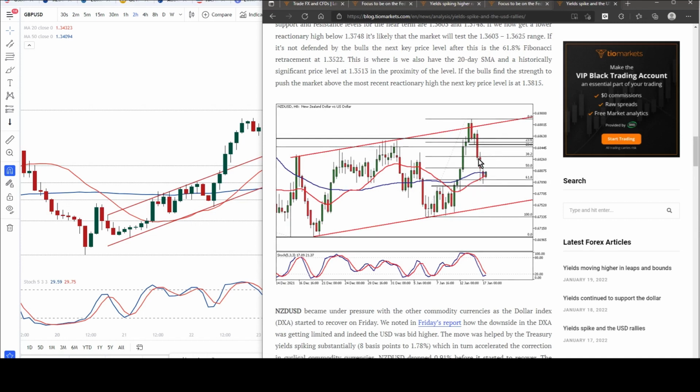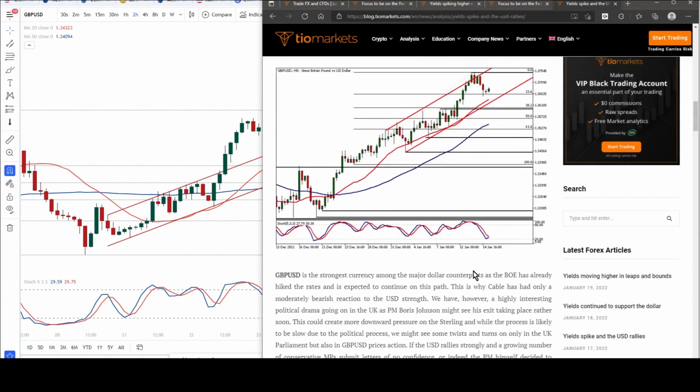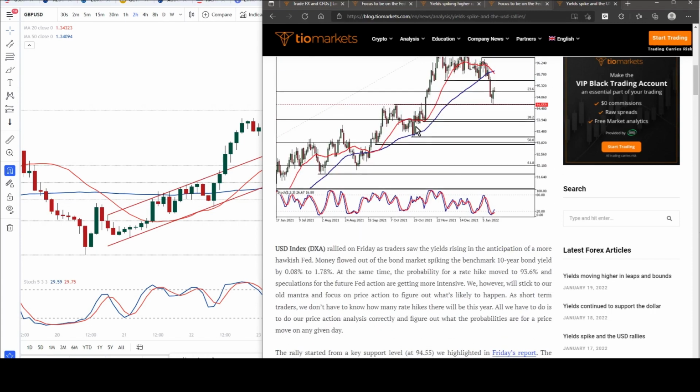And basically, when you have a dollar pair like cyclical currency like New Zealand dollar, fairly close to resistances, and then you have the dollar index trading at support, that's when you have a higher likelihood for your short New Zealand USD working out.